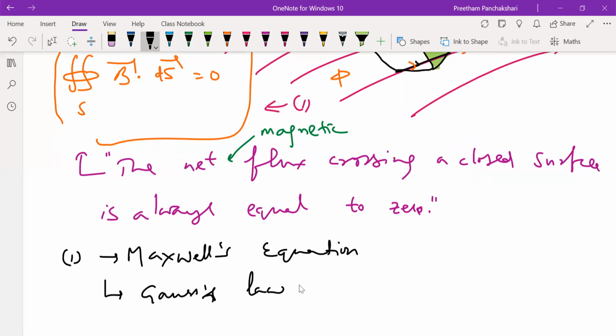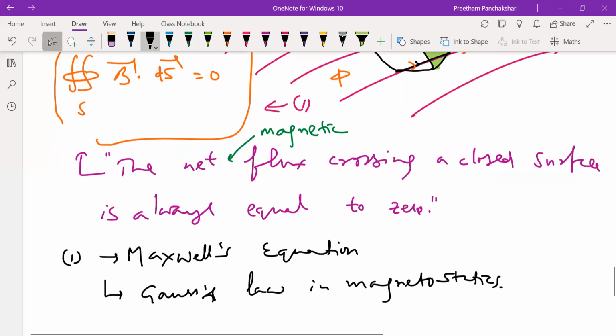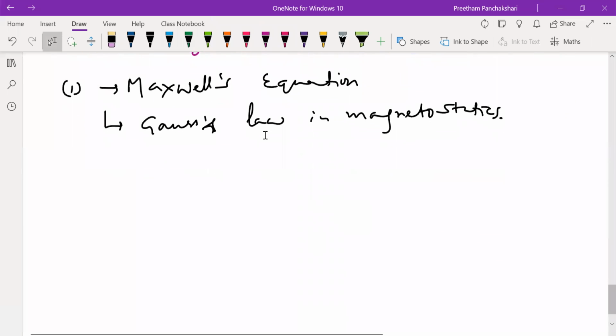It's known as Gauss law in magnetostatics. You can easily guess why this is called Gauss law. That's because a similar equation is available in electrostatics also.